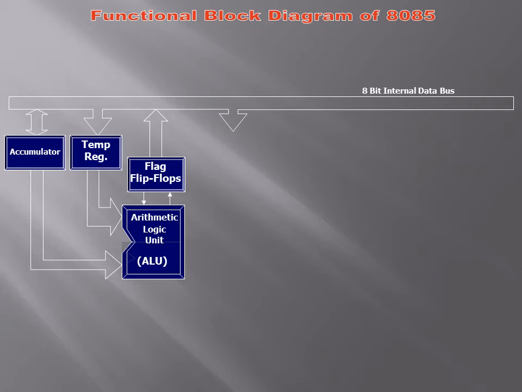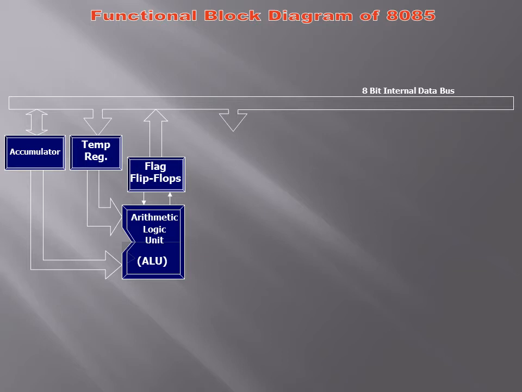That is represented by another flag, another bit called the Z flag, the zero flag. So there are up to 5 flags in the 8085. We'll discuss it later.